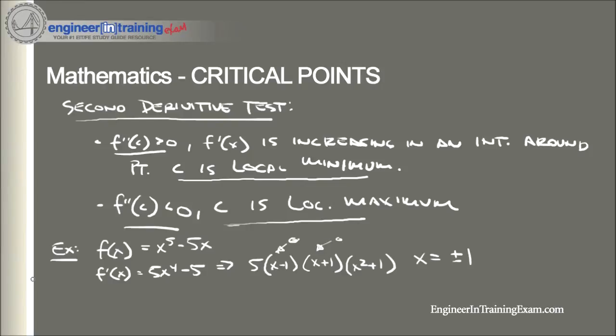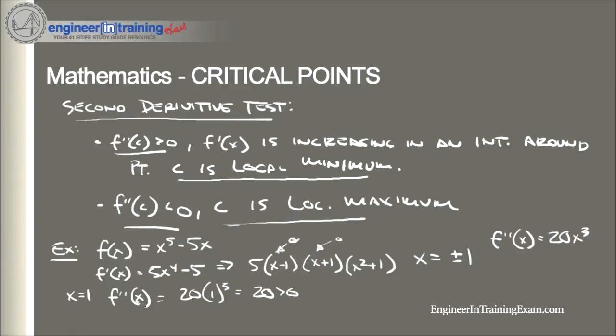So at x equal 1, let's first define what the second derivative is. The second derivative is going to be 20x to the 3rd. So let's just plug in 1: 20 times 1 to the 3rd, which is equal to 20, which is greater than 0.